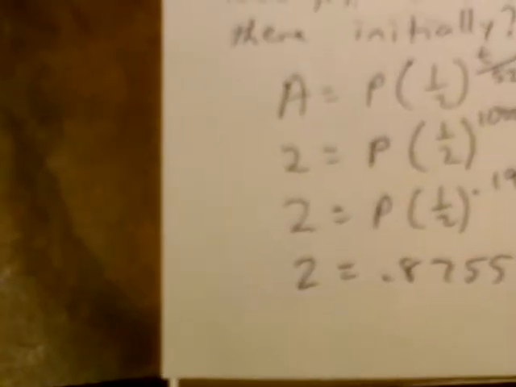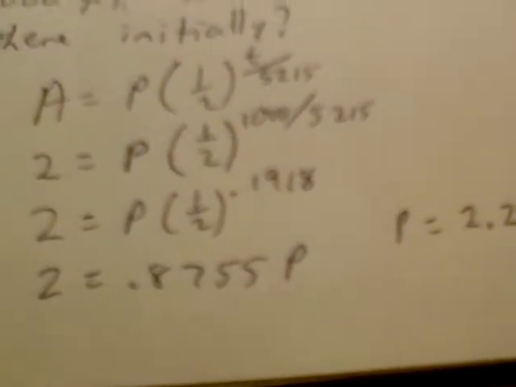So 2 equals 0.8755 P, and divide both sides by 0.8755. So 2 divided by 0.8755, and we have our initial amount is 2.284 grams.